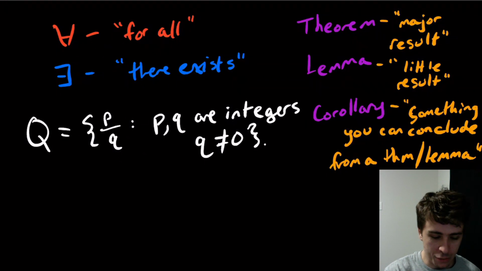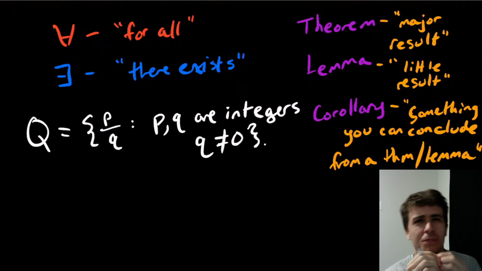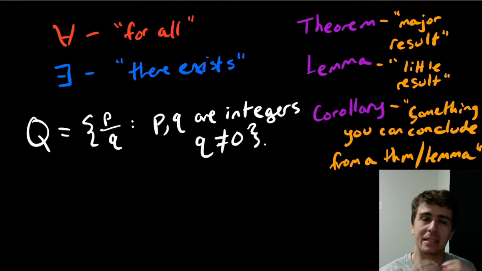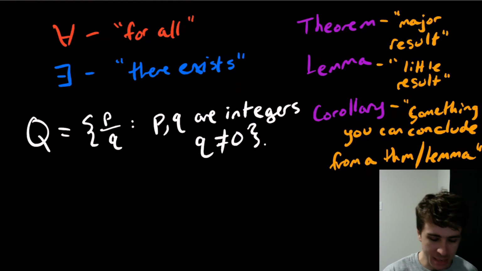And the reason for that is that all even numbers live in the set Z, which is the set of integers. So a corollary is just something that you can conclude from a theorem or a lemma. And sometimes you will add an additional constraint or some little result, so it may not be completely trivial from a theorem, but yeah, that's what that means.